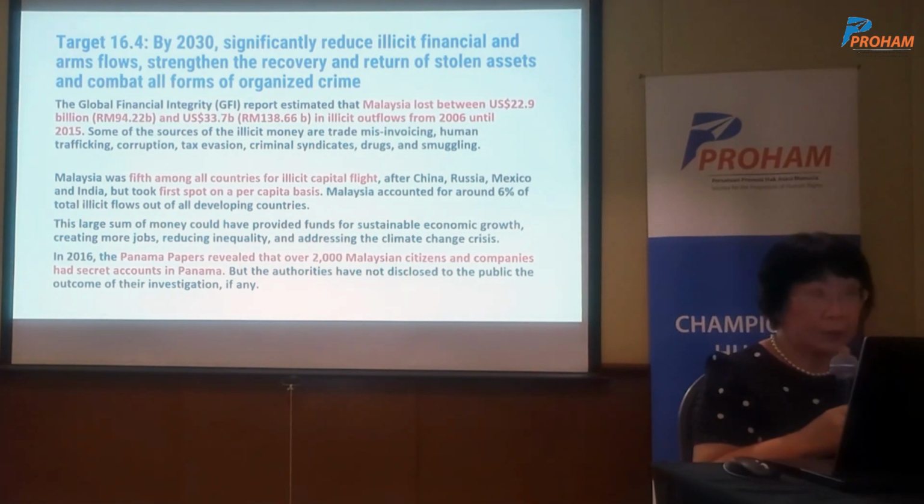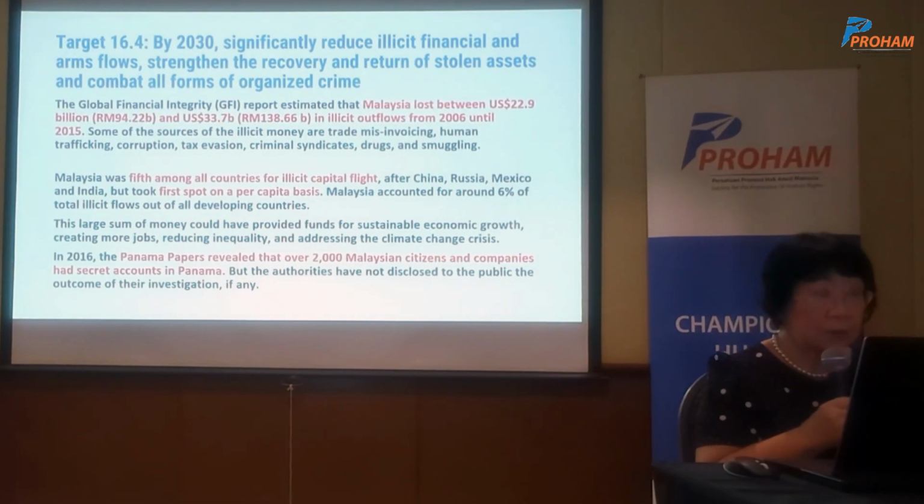16.4, reduce illicit financial and arms flow, strengthen recovery, return of stolen assets. So the Global Financial Integrity Report estimated that Malaysia lost between 22.9 billion and 33.7 billion in illicit outflows from 2006 to 2015.